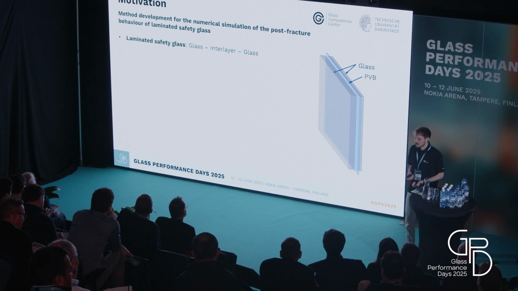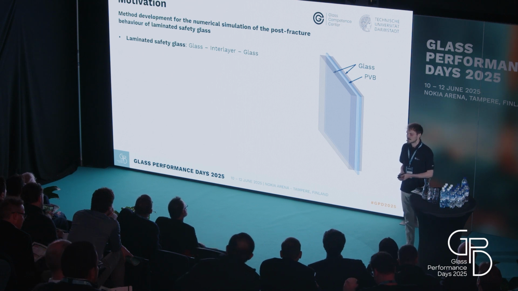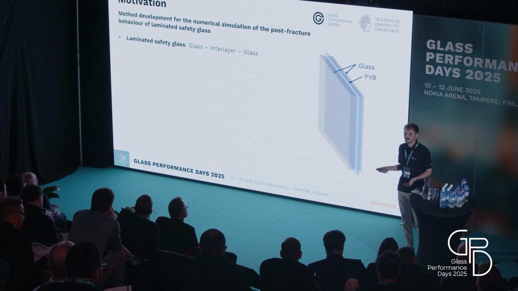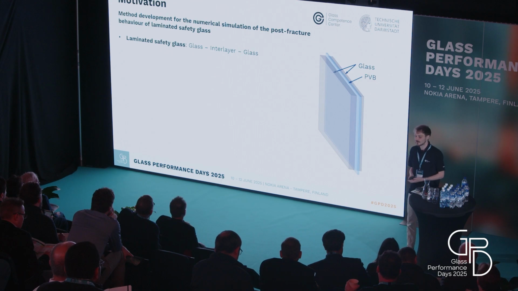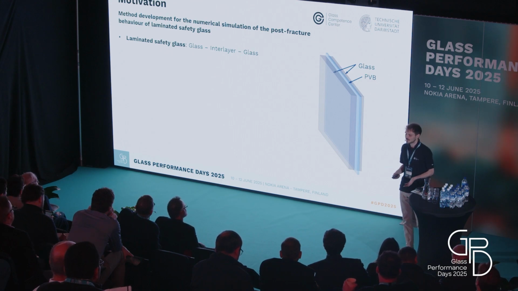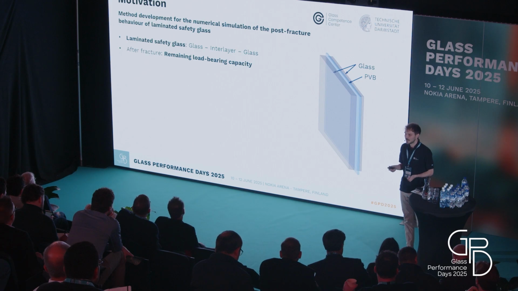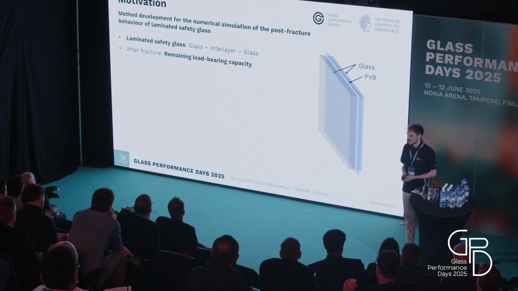Our principal goal is to develop a method for the numerical simulation of the post-fracture behavior of laminated safety glass. Just to remind you, laminated safety glass is a composite of glass, interlayer, glass. So the glass is bonded to the interlayer, and because of that, we retain a load-bearing capacity even after fracture.